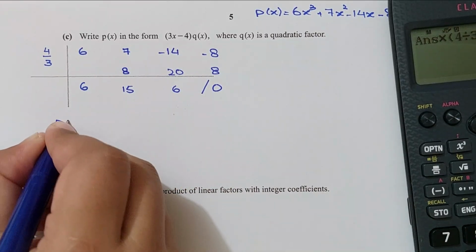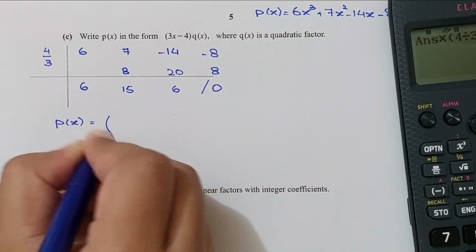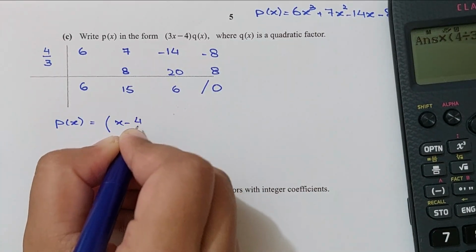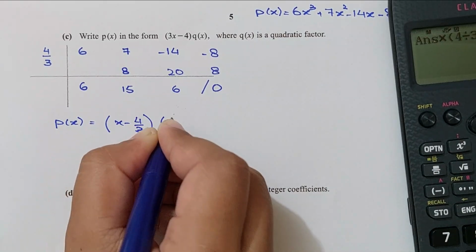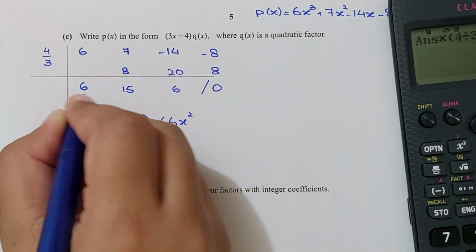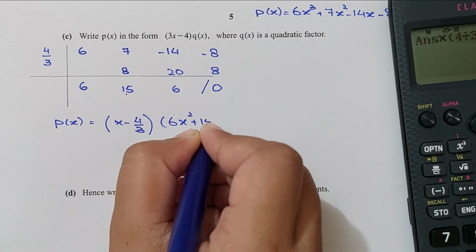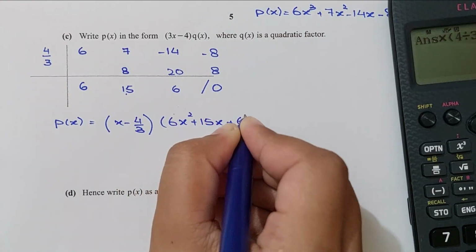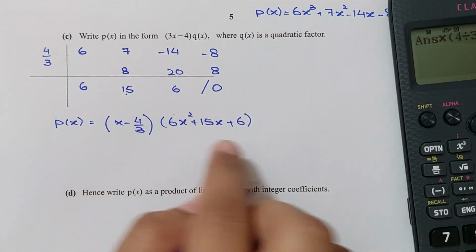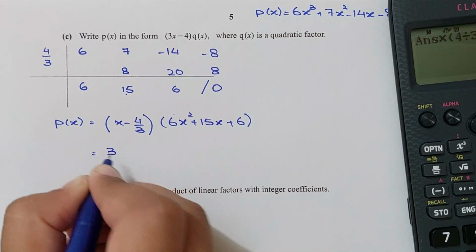Now we can write down p of x as x minus 4 by 3 and 6x square, this is the coefficient of x, 15x, and plus 6 is a constant term, right? Now let me take 3 common. So 3 is common.